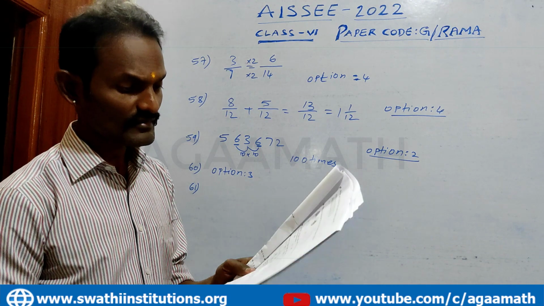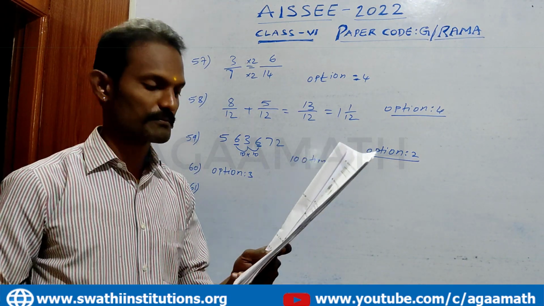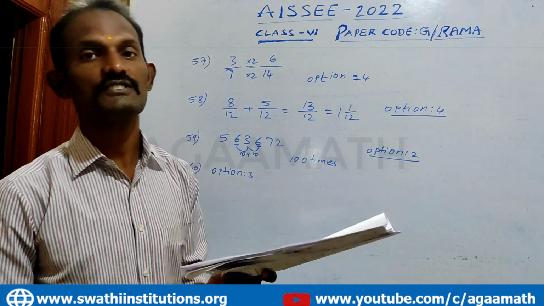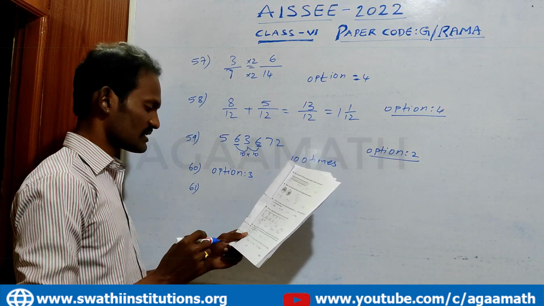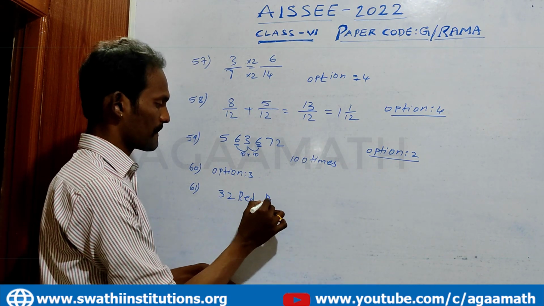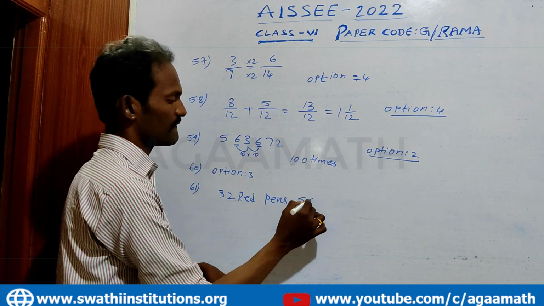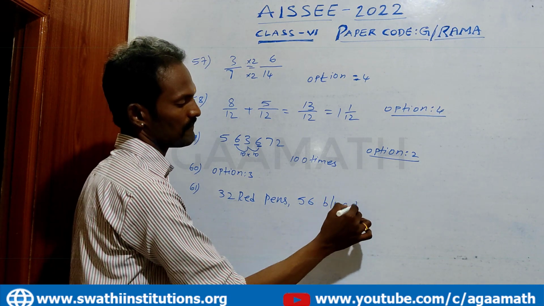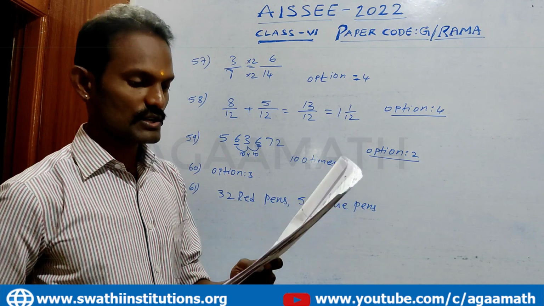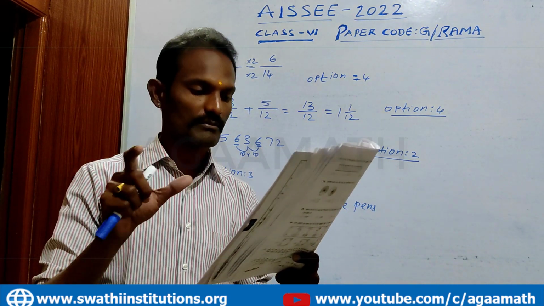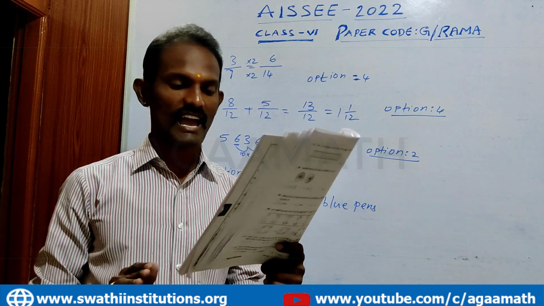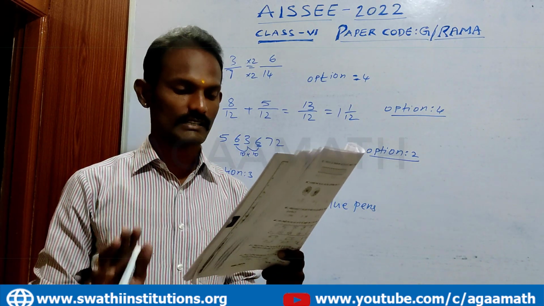#61. Shreya has 32 red pens and 56 blue pens. She wants to make packs of equal number of pens out of them in such a way that each pack has pens of only one color.